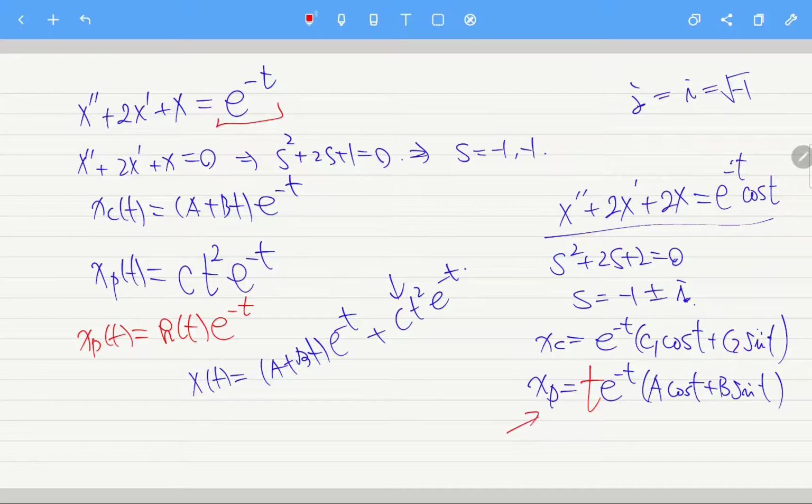Or similarly for this one, the calculation might be complicated, but if you are curious, you may try to plug in xp to be exponential to minus t, a cosine t plus b sine t, something like this. Then you may be able to solve for that equation.